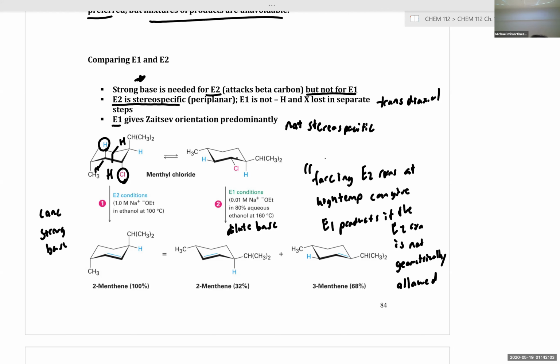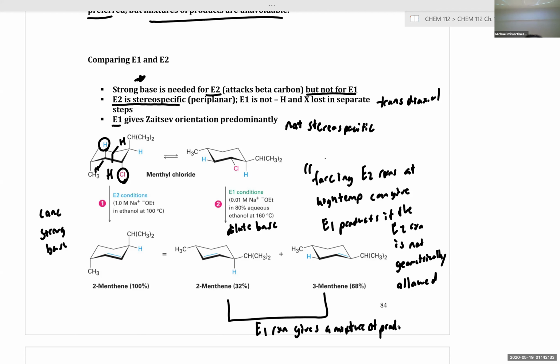This is why an E1 reaction gives a mixture of products, because the carbocation can react and you can eliminate any of your adjacent hydrogens, regardless of whether they're trans-diaxial or equatorial.